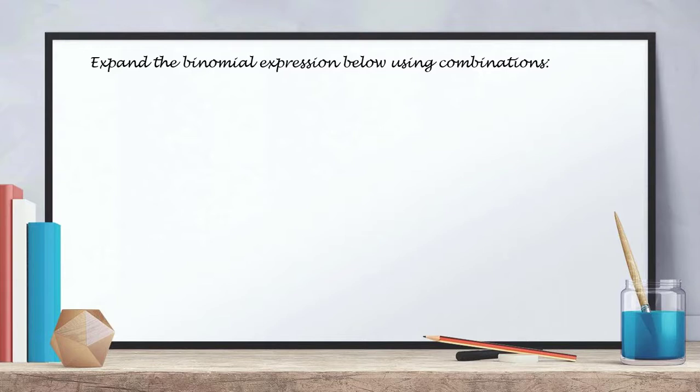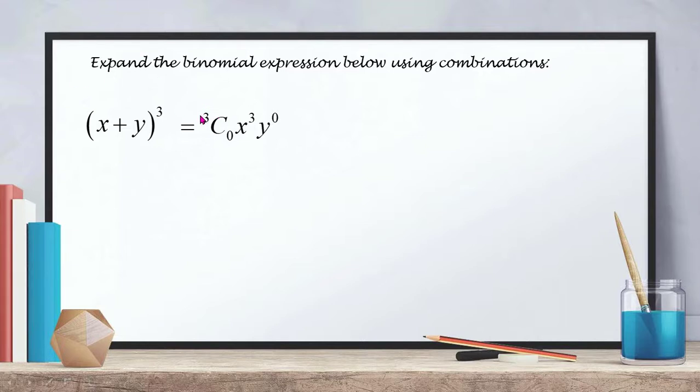Example: expand the binomial expression below using combinations. x plus y raised to the power 3 is going to be equal to 3 combination 0, which is the binomial coefficient for the first term.